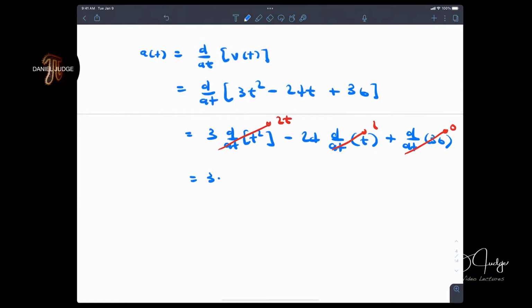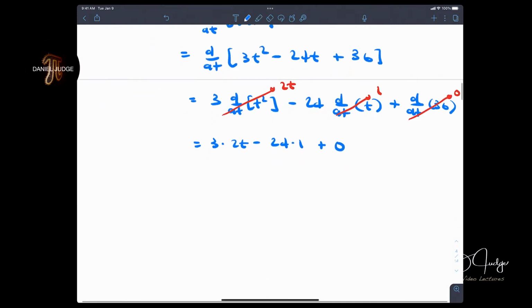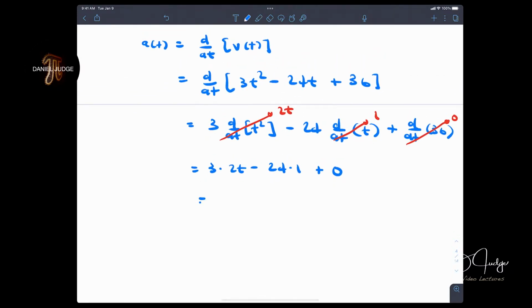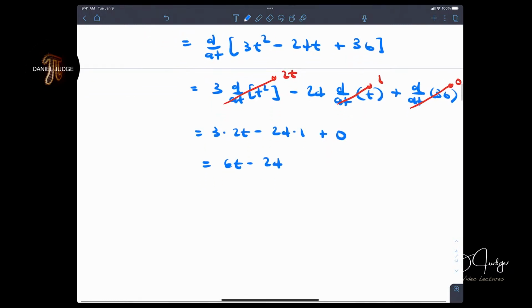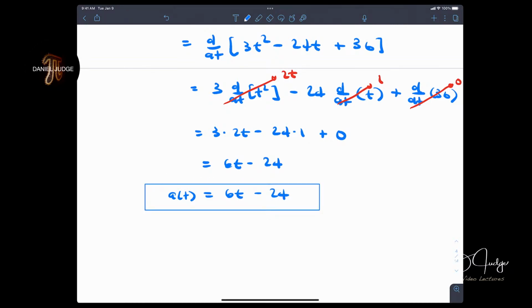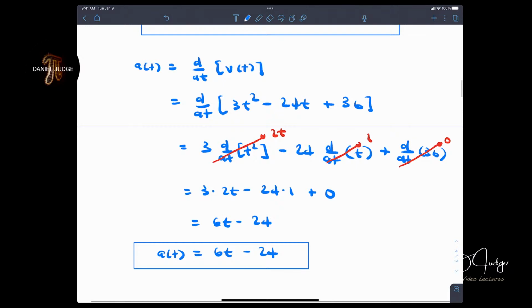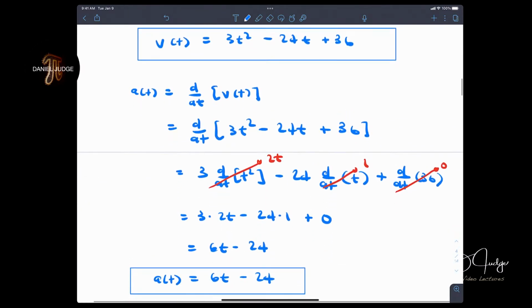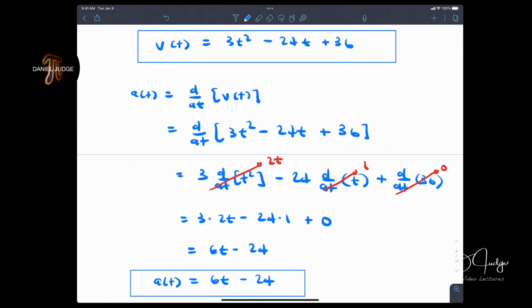So we get 3 times 2t minus 24 times 1 plus 0. We'll get 6t minus 24. So we have the acceleration function, 6t minus 24. Okay. Remember, we're going to do sign analysis on both of these functions, and we're going to try to see if we can figure out when the particle's speeding up and when the particle's slowing down.